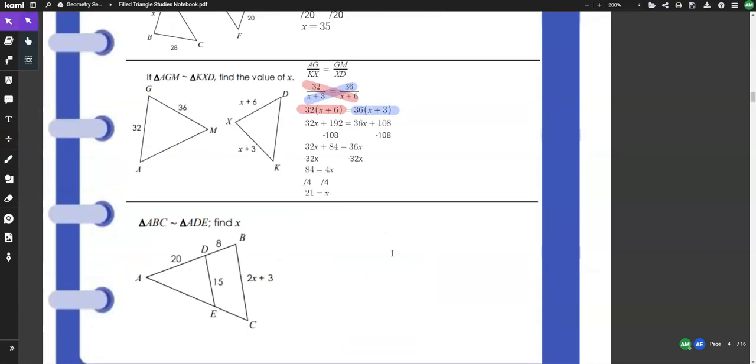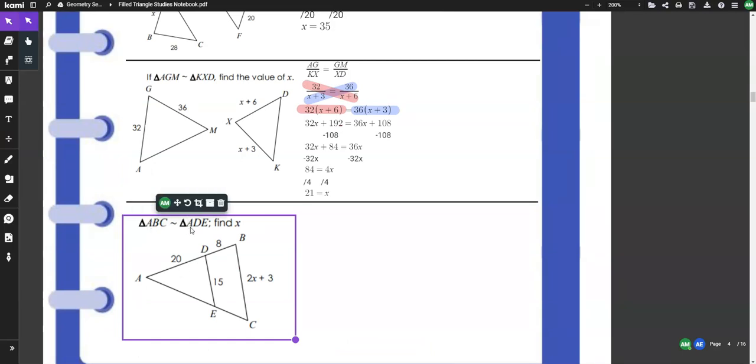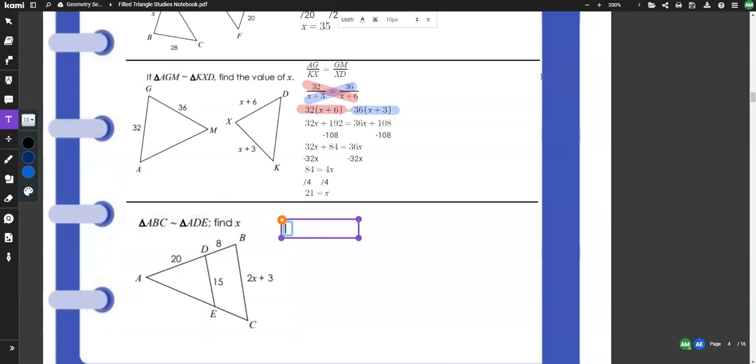Finally, last question for this tab. We have triangle ABC is similar to triangle ADE. All right, so let's set it up. We have AB, and we're given AD. We are given BC, or something for BC, and we are given something for DE. Again, just make sure you have the same triangle on the top and the same triangle on the bottom in this case.